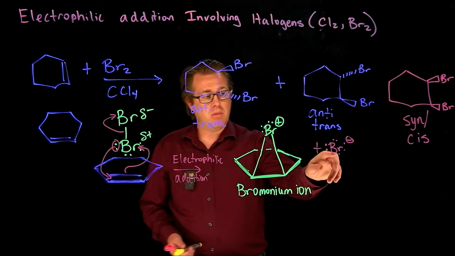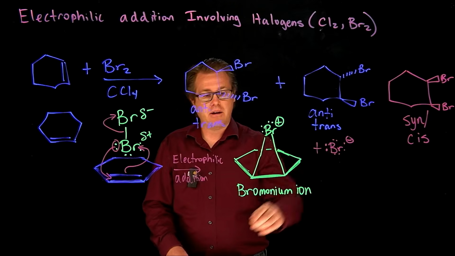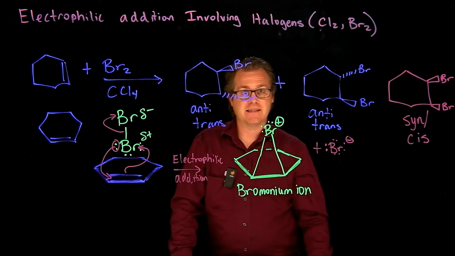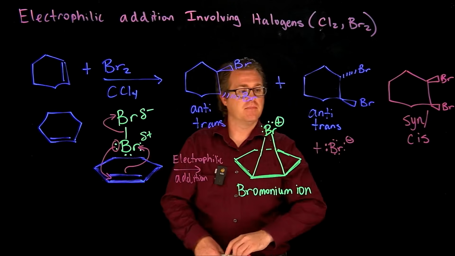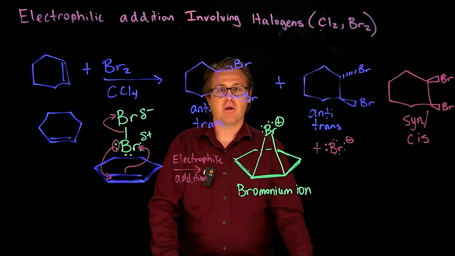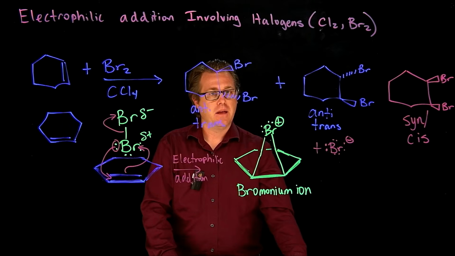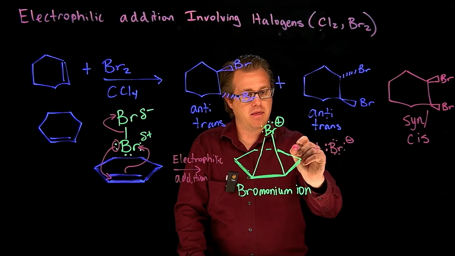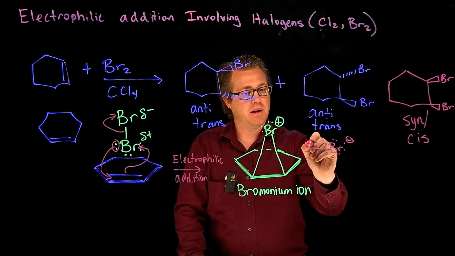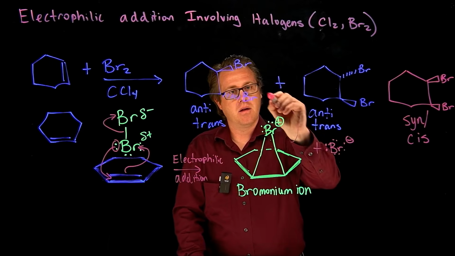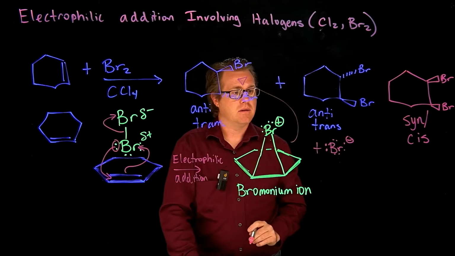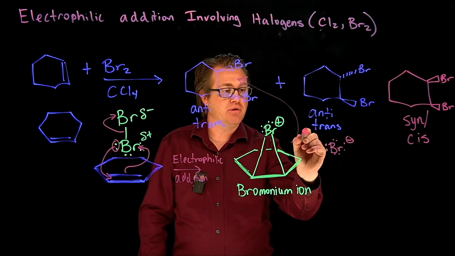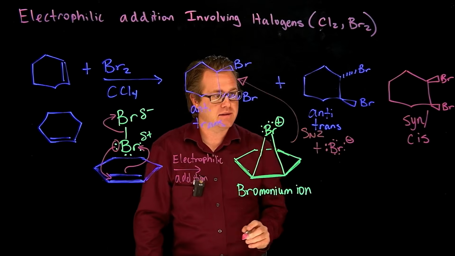Now this bromide right here is going to do an SN2 attack, okay, to give us our product. All right? So if we want to go from here to there, we need to do an SN2 style mechanism.